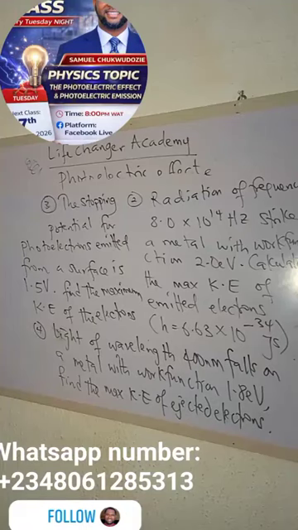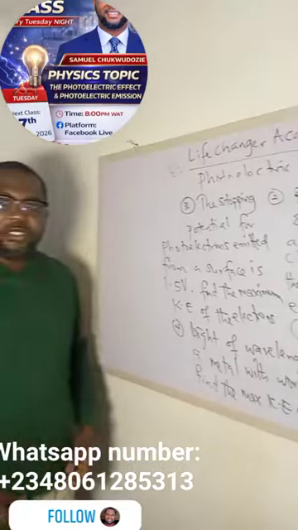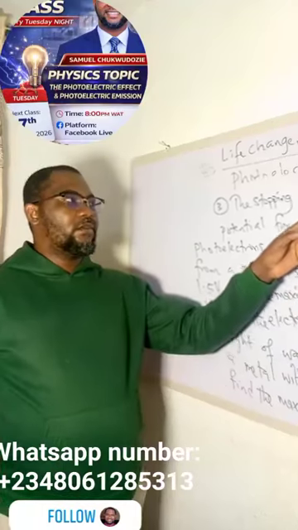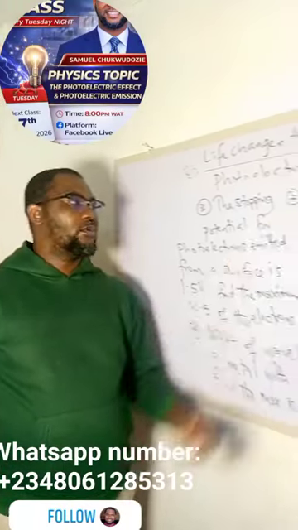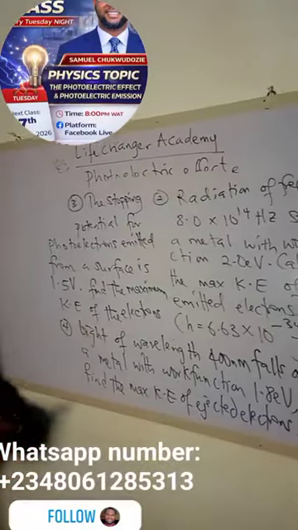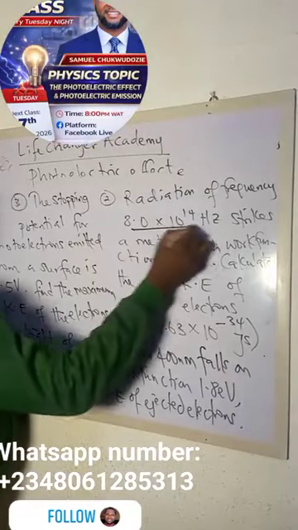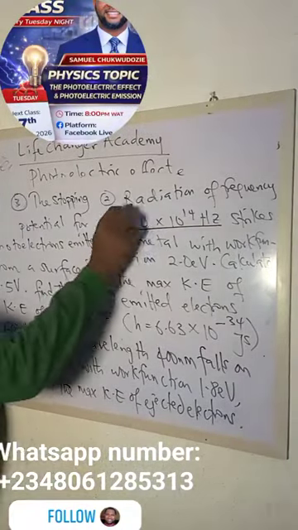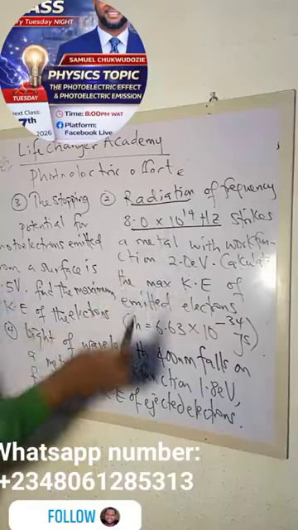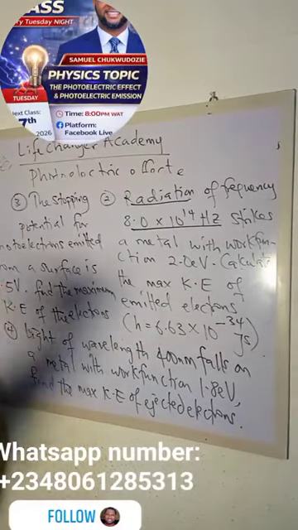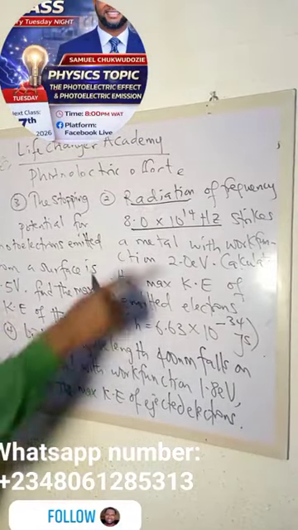Hopefully we can do this in 10 minutes. Now, question number 2 says, radiation of frequency 8.0 times 10 raised to the power 14 hertz. So this is the frequency of the light, not the threshold. If it was threshold, they would state it.